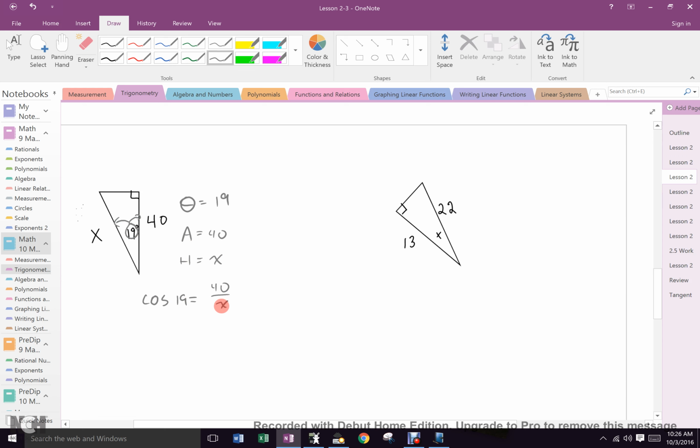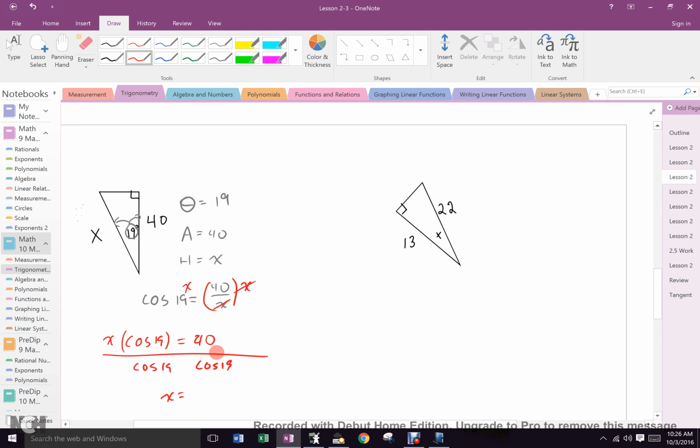Now, algebraically, I got to do that. Don't write this down. Algebraically, I got to multiply this by x, multiply this by x, cancel, cancel. So cos 19 times x equals 40. Then I got to divide both sides by cos 19 to get x equals 40 divided by cos 19, yes?